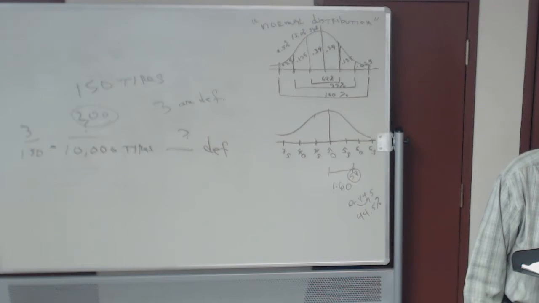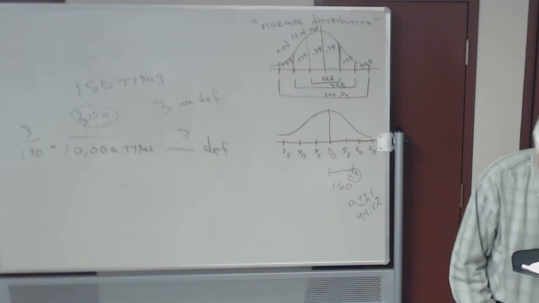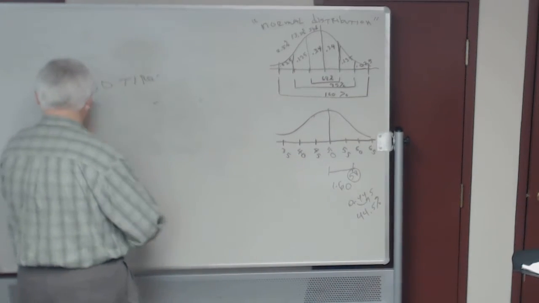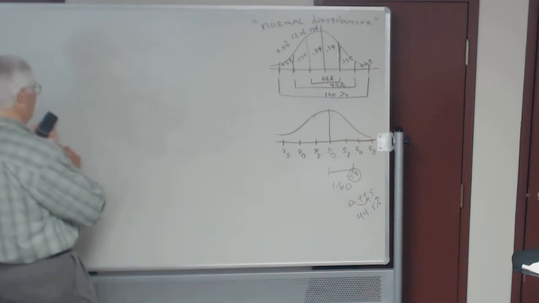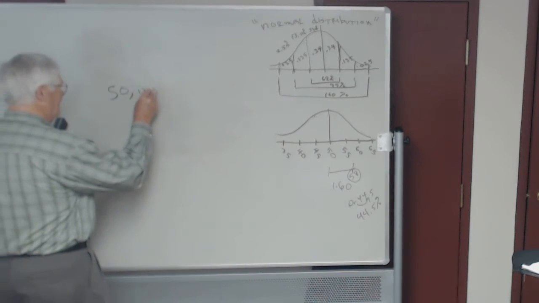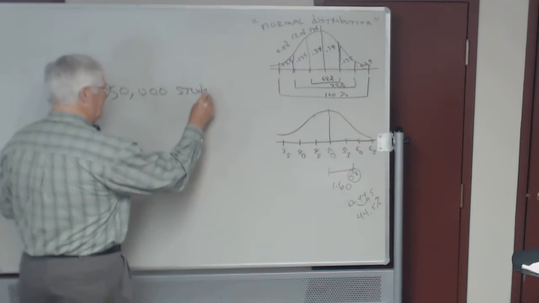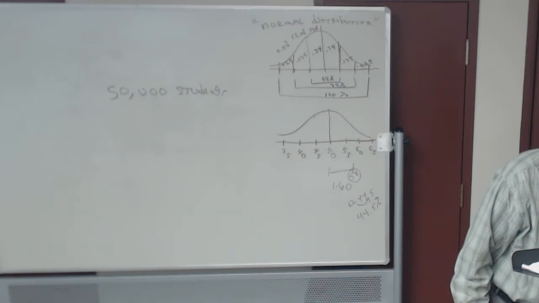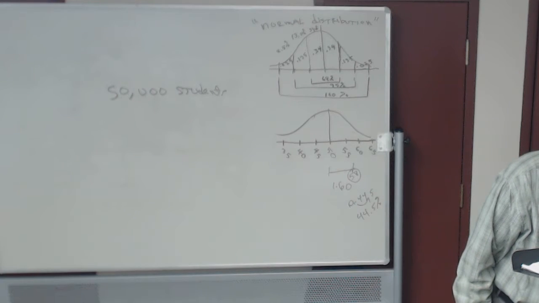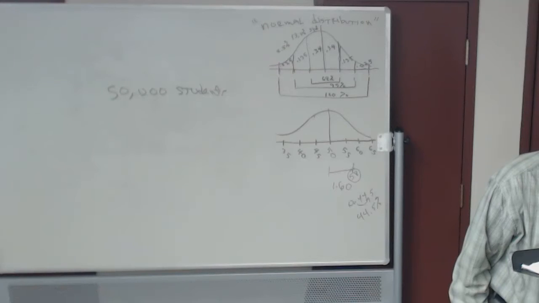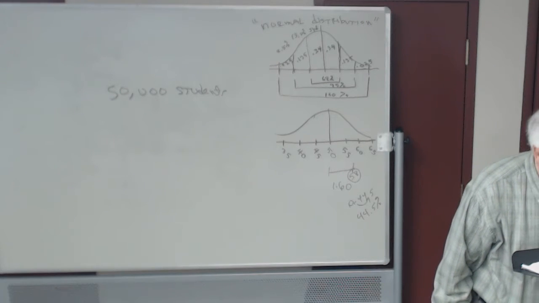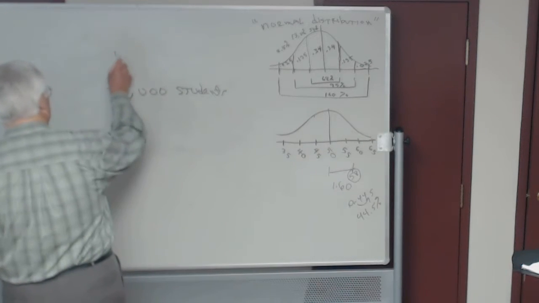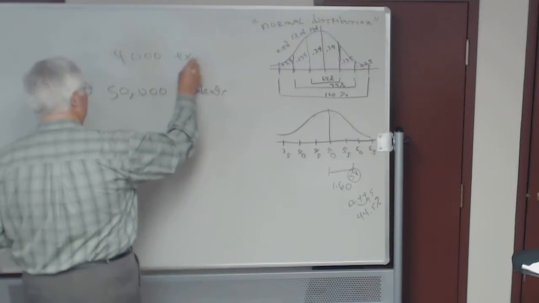Number 20, 50,000 high school students. So now I've got 50,000 students. Have you figured out my strategy for these problems? I just take the information a piece at a time and put it on my paper. 50,000 students. And what's it say about them? Took a test, and 4,000 got a rating of excellent.